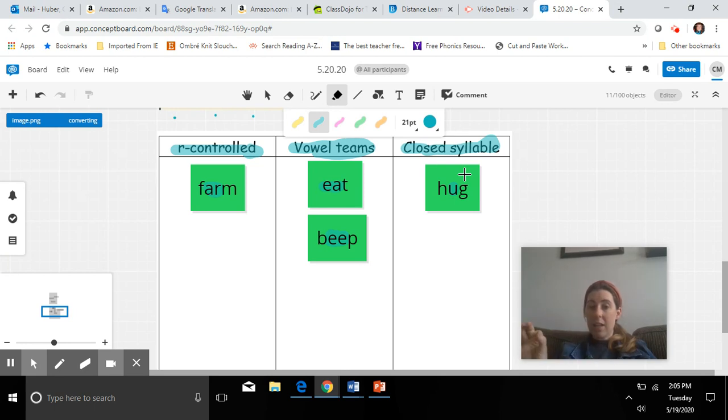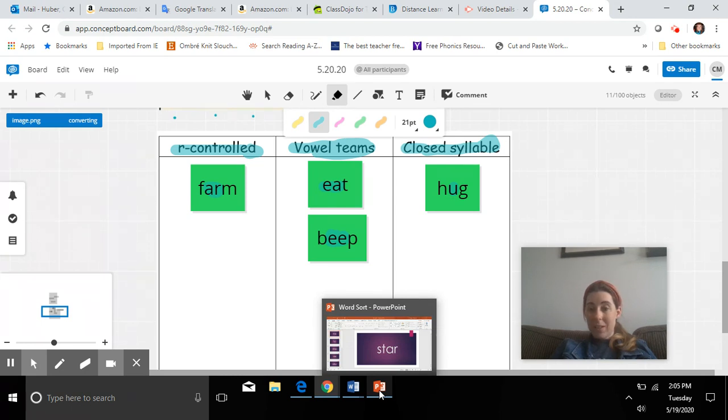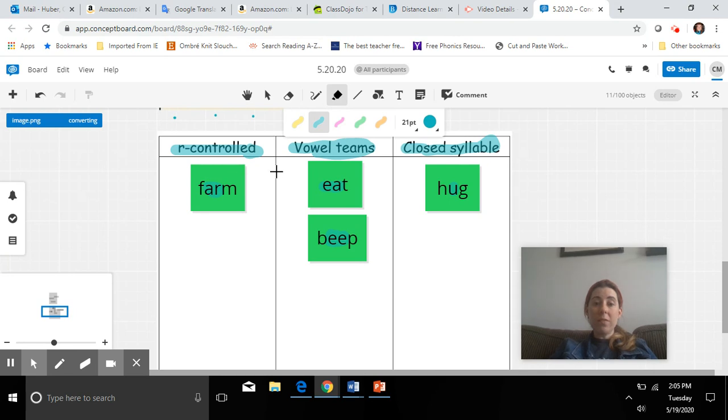Awesome job. Now, what we are going to do is I'm going to show you some other words. These are all first grade words that have one of these patterns for the vowel letter. It either is an R-controlled word, where the R follows the vowel letter.